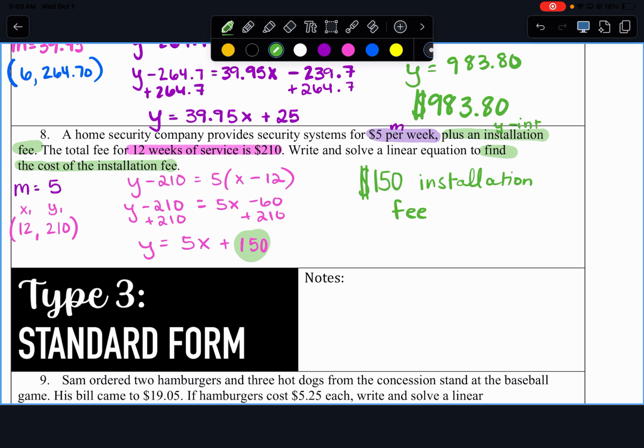And the cost of the installation. Y equals 150. You're done. I think it's y equals 150.